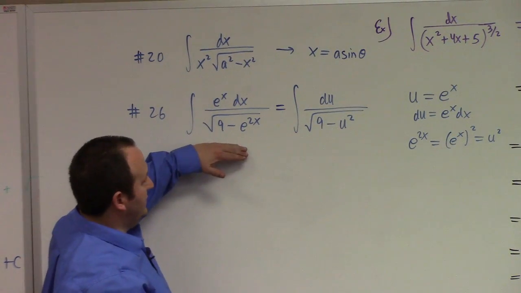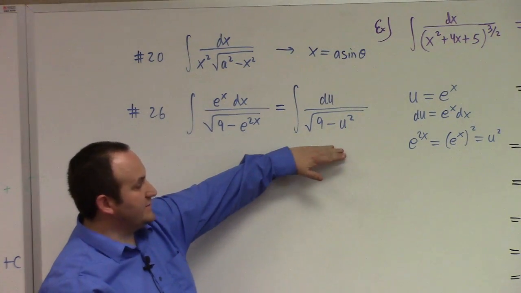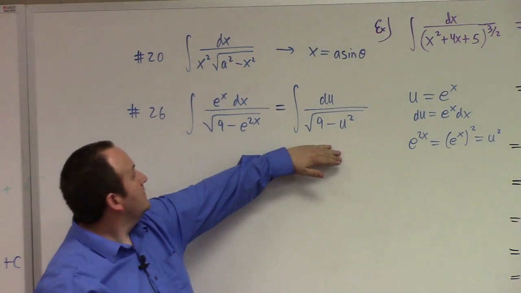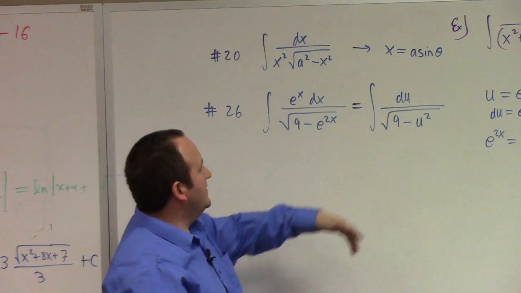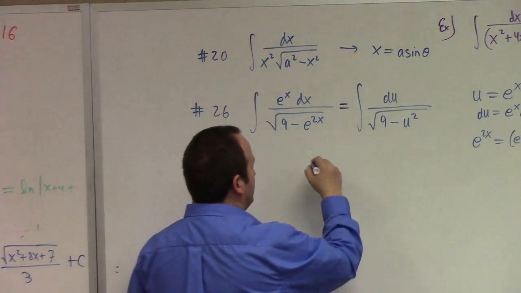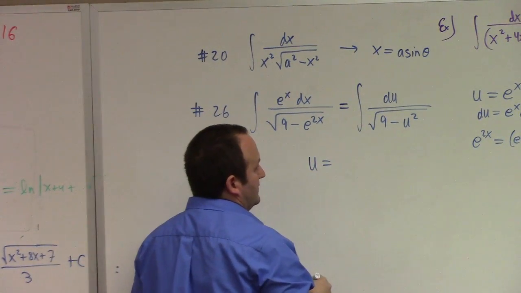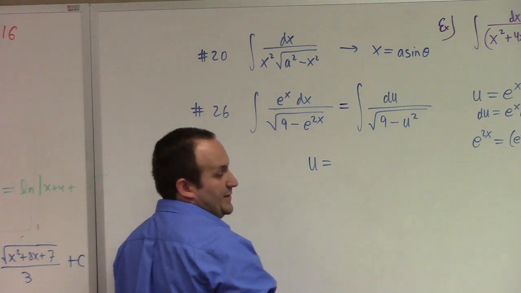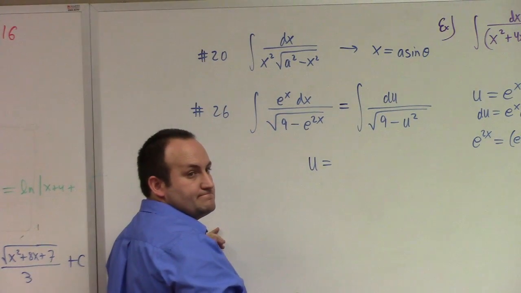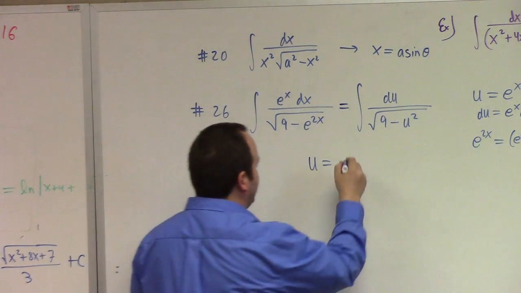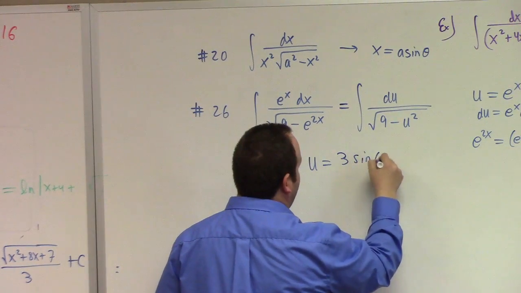So after we make a u equals e to the x substitution, we get that. And then what trig substitution do I make here? Yeah, 3 sine theta. I was hoping it would be some variety here.